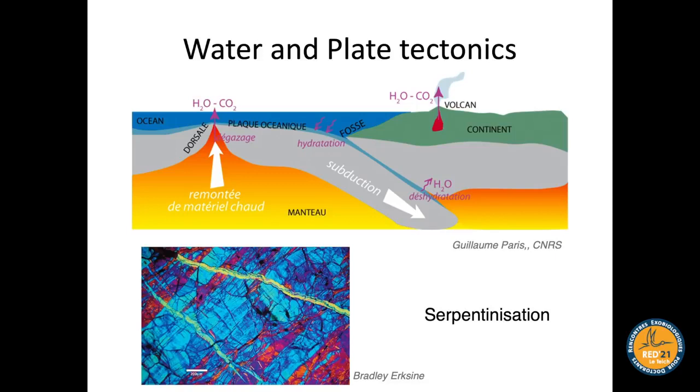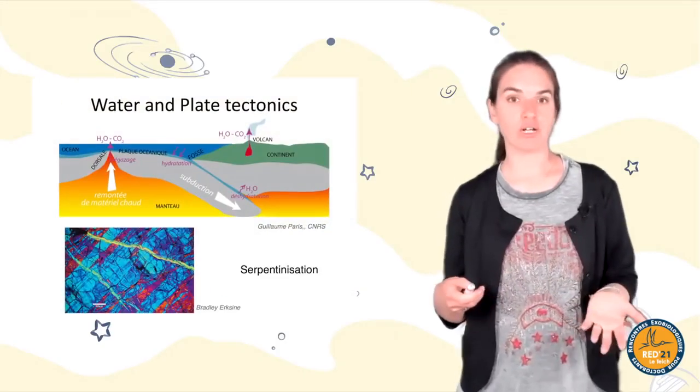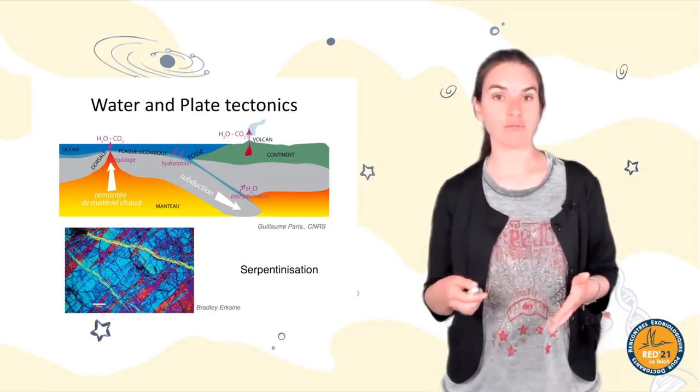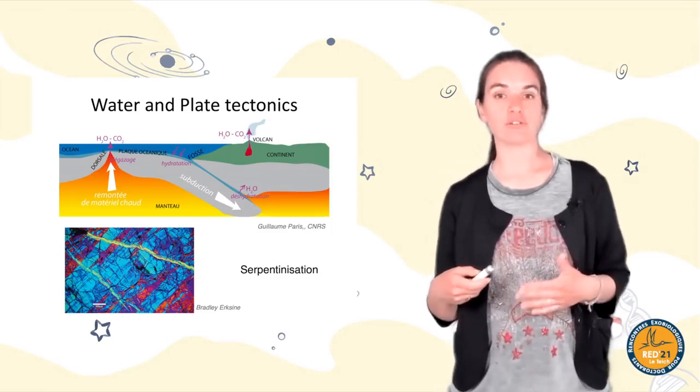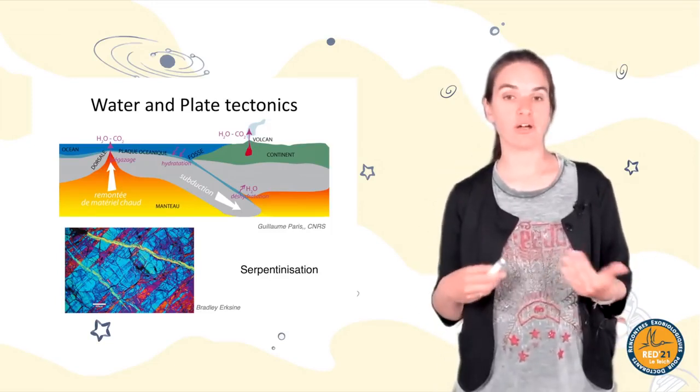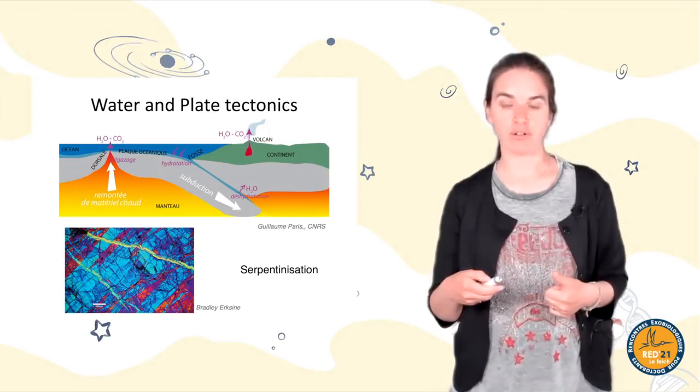So this is the alteration of any kind of oceanic basalt. And serpentinite is a mineral that is fibrous and that facilitated the subduction of rocks into the mantle. So without any water and without any ocean water, it would be very difficult to do subduction and to have the plate tectonics as we know now.